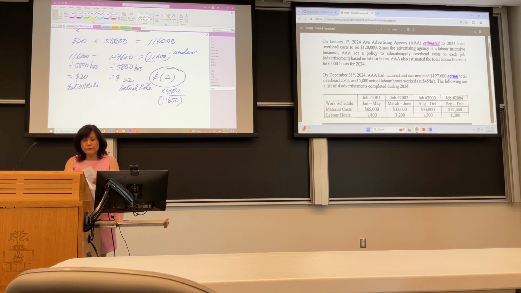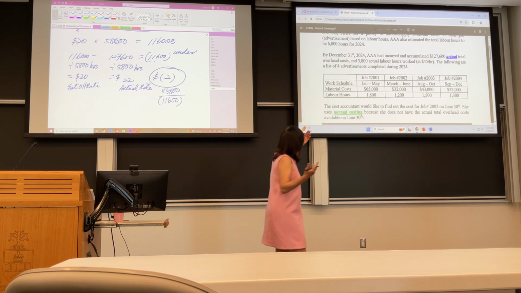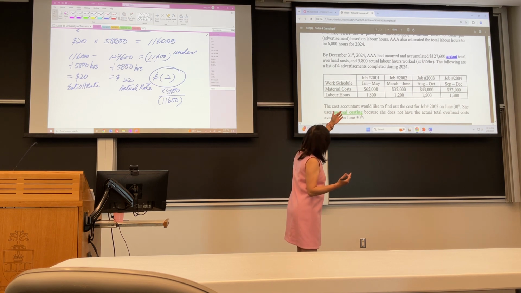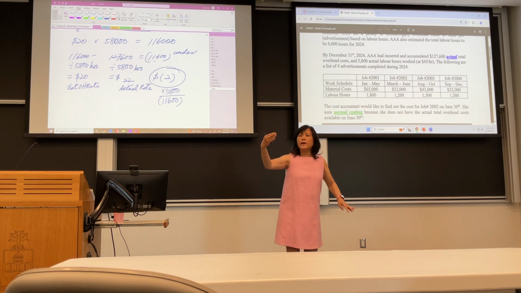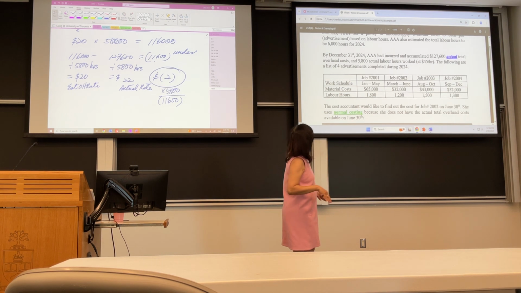Okay, so I'm going to figure out the job costing. How much it cost to make all these advertisements? We haven't finished reading the question. They tell you the labor will pay $45, but overhead will charge $20, so less than half of that. On the worksheet schedule, we only have 4 jobs a year.